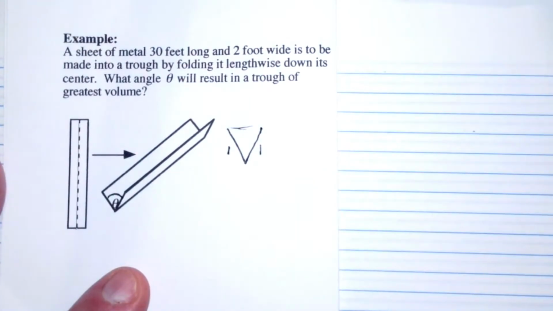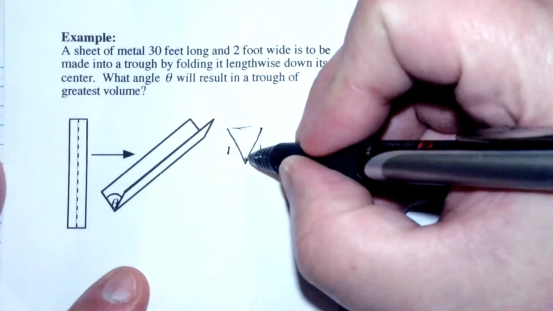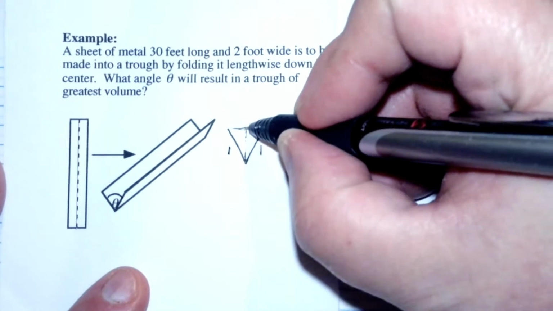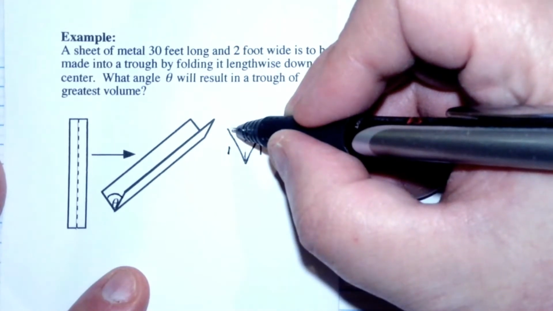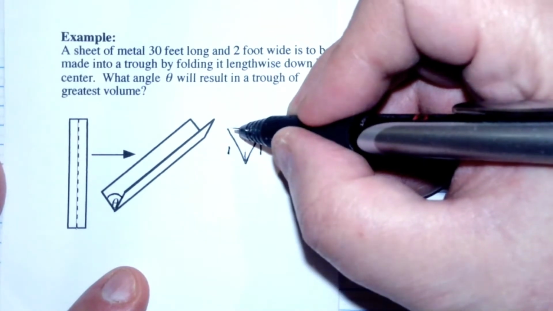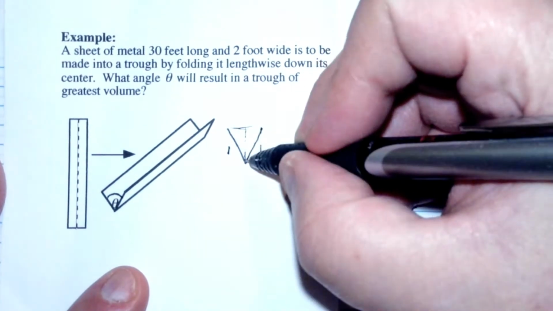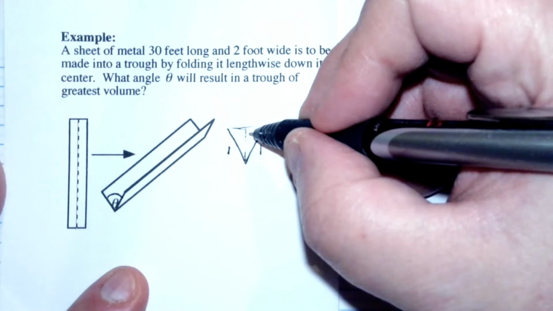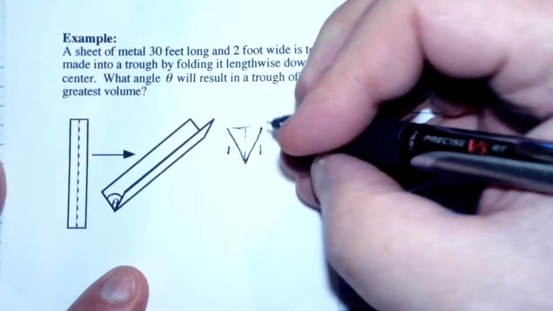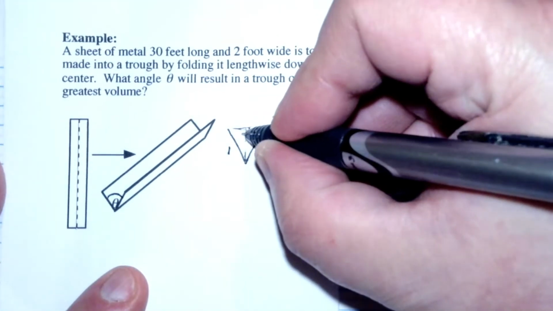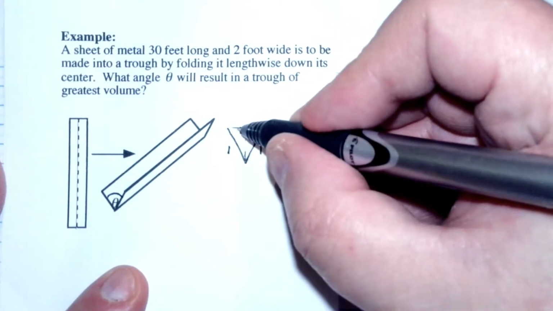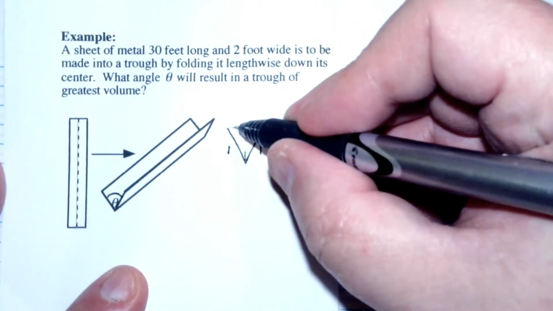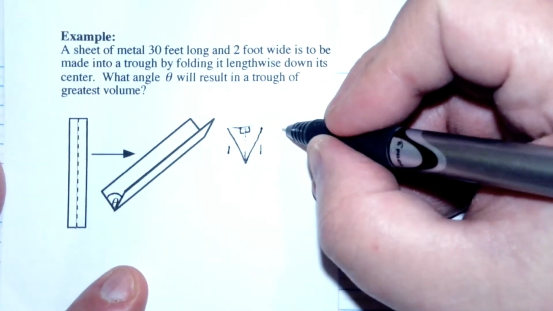Now, here's what I want to do. I'm going to cut this triangle in half. This is an isosceles triangle, so we can split it down the axis of symmetry, and those will be 2 right angles. What I want to do is swing this half around here.